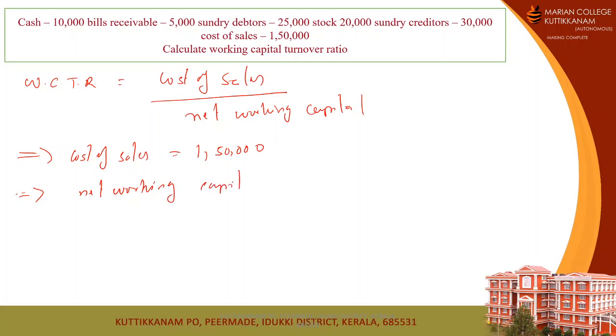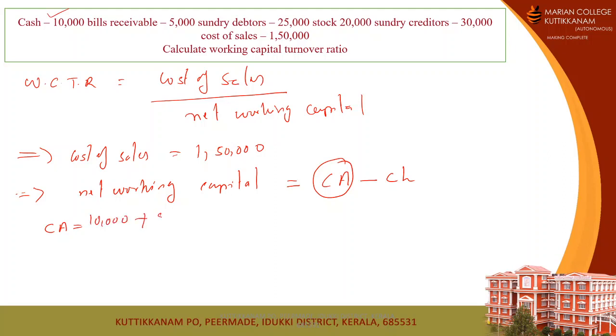Then how can we calculate this net working capital? Net working capital means we need to deduct current liability from current asset. That will give the figure of net working capital. So first of all, what we need to do? We need to calculate this current asset, right? Then here current asset includes what? Cash will be included, that is 10,000.